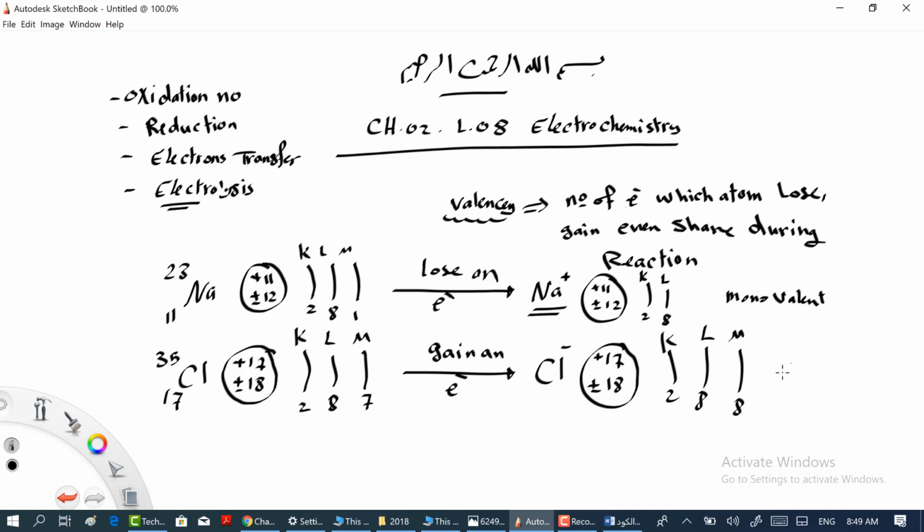So in this case it is also monovalent. So the valency returns back to the number of electrons which an atom loses or gains during the chemical reactions.